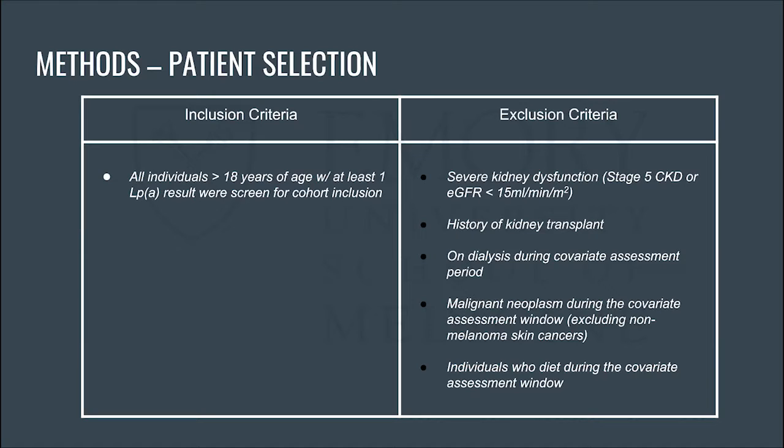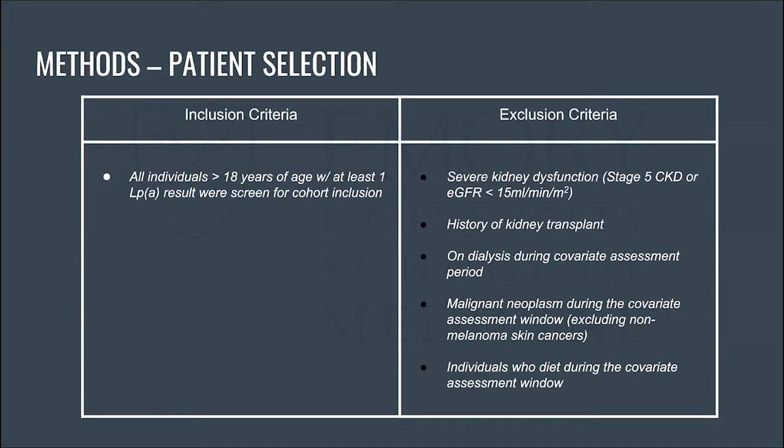Now, in terms of the exclusion criteria, these are criteria that make sense in terms of excluding patients for this study. However, the article didn't necessarily dive too deeply into why they considered these as exclusion criteria. But basically, if the patient had severe kidney dysfunction, stage 5 CKD, or an eGFR less than 15, history of kidney transplant, or if they were on dialysis during the covariate assessment period.